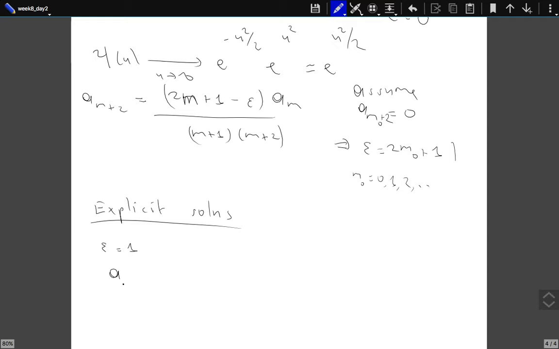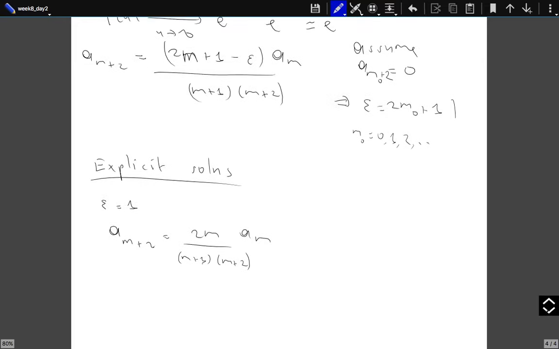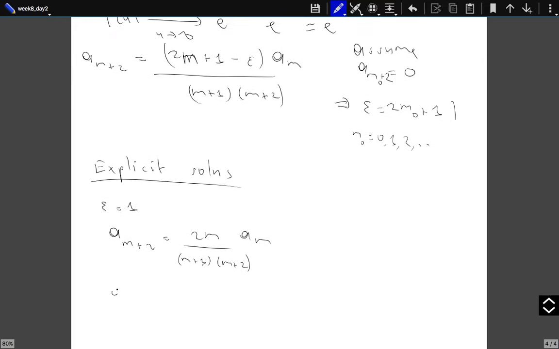Then a_(m+2) is equal to 2m a_m divided by (m+1) times (m+2). So a2 is 0, basically because a2 is a_(0+2). If you just put m equal to 0, this is just 0, whatever the value of a0 is.